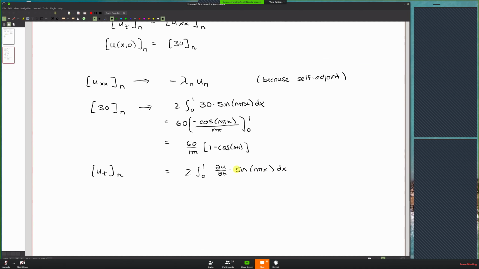Now, I don't know what u is. That's the whole thing I'm trying to figure out. So I cannot just evaluate this. But we actually encountered this kind of idea when we were deriving the diffusion equation. Here I have an integral over x of a derivative with respect to t. What am I allowed to do with that?